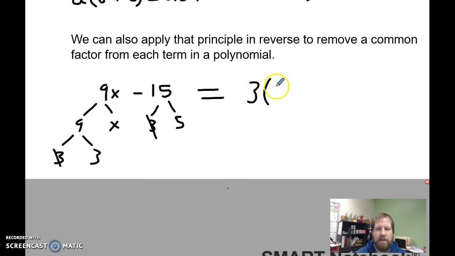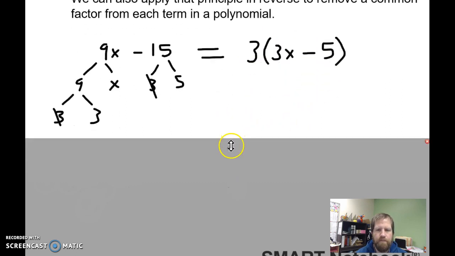So I have 3 times 3x, my sign stays the same, minus, and then I've got 5 left from that 15. That factored the binomial into a value times a binomial.